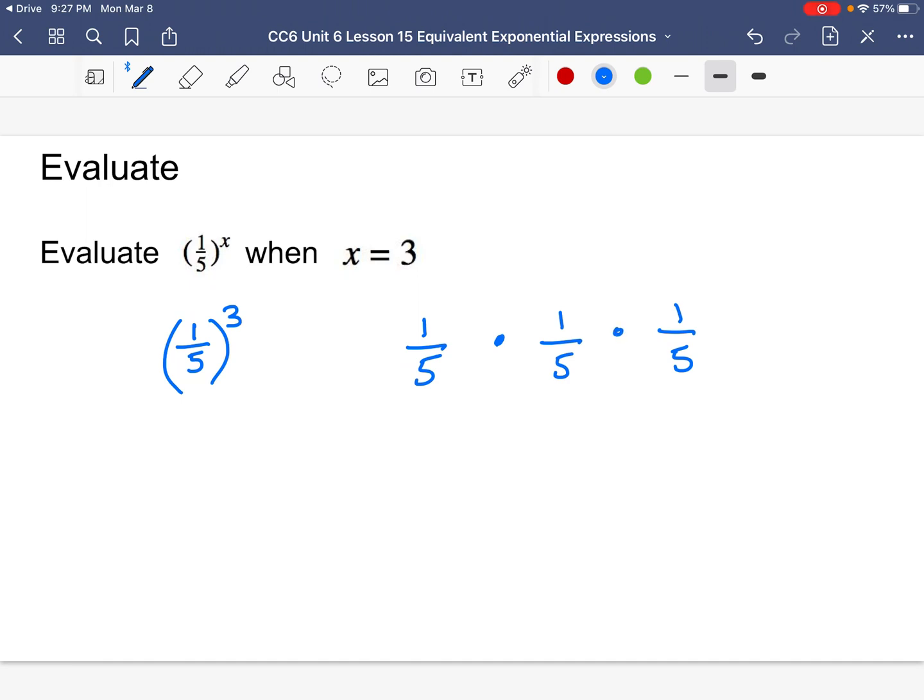And then we can evaluate. We multiply the numerator first: 1 times 1 times 1 is 1. And 5 times 5 times 5 is 125. So when we evaluate (1/5) to the power of x when x equals 3, we get 1 over 125.